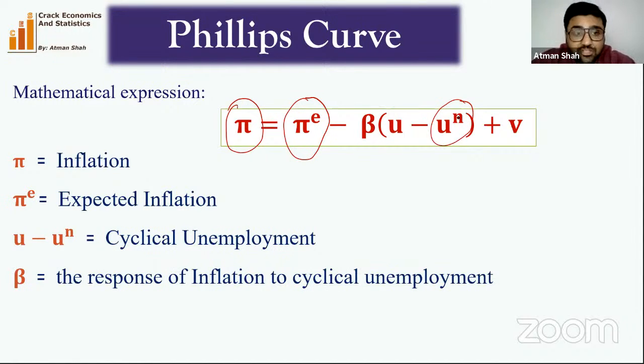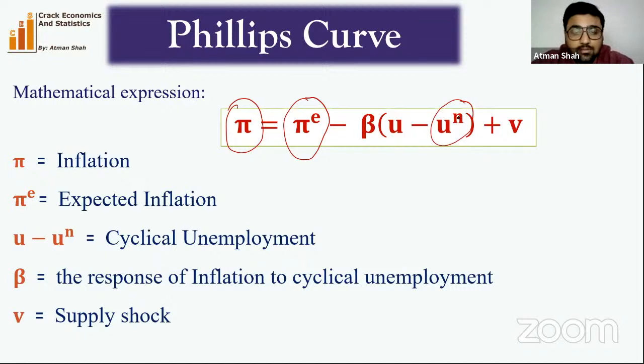Beta is the coefficient which shows the response of inflation to the cyclical unemployment. So if cyclical unemployment changes by 1 unit, the change in inflation is expressed by beta. And v is the supply shock. So this is the mathematical expression of the Phillips curve.